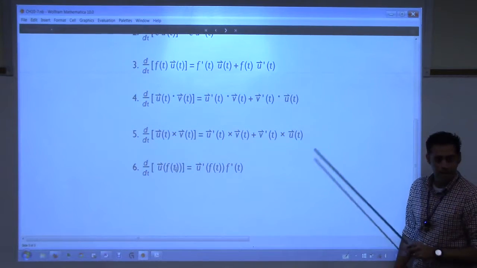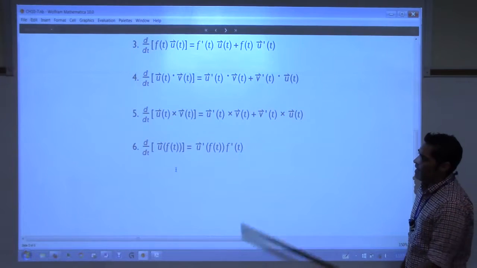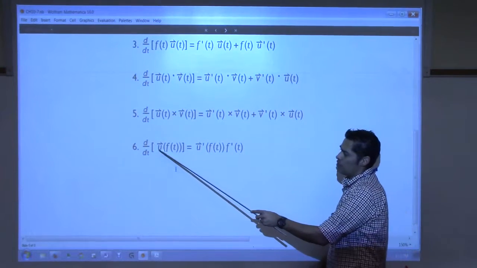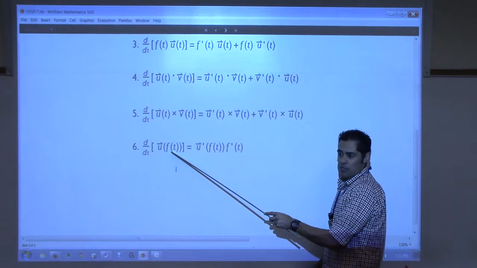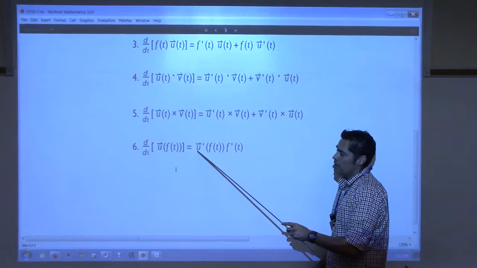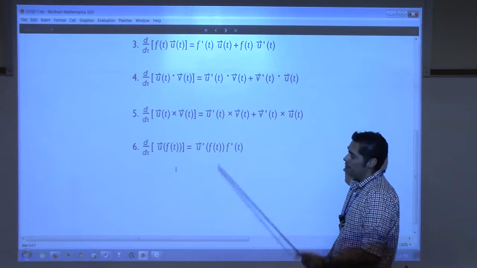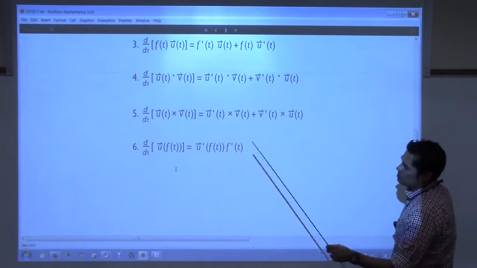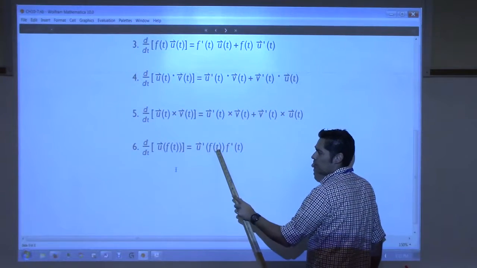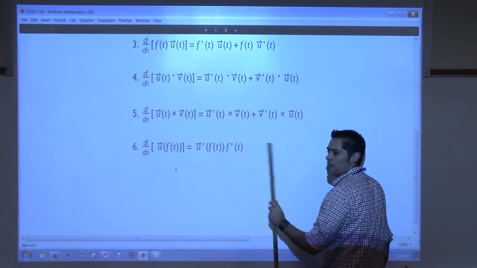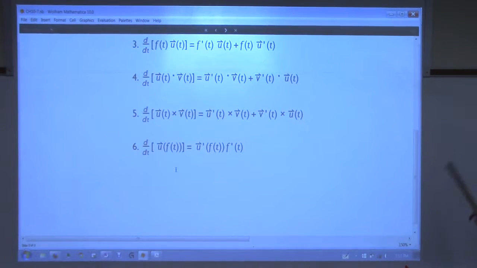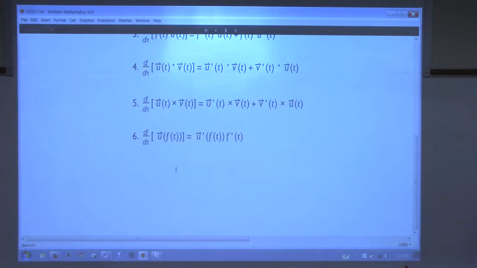Understand? And then the last one is a chain rule. If you take a vector function and inside of it you plug in a function and you want to take the derivative, what you do is you take the derivative of the vector function, and inside of it you place the scalar function and then multiply that times the derivative of the scalar function. So just know that these are all here. We might need to refer back to them.